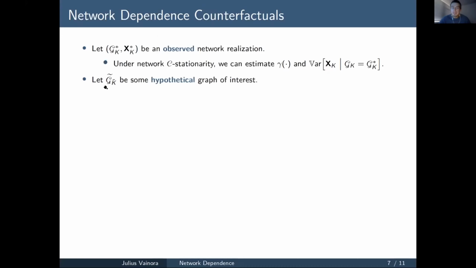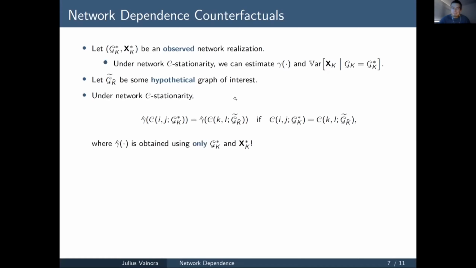Now let's take another graph, just a graph, not a network, G tilde, and let it be some hypothetical graph of interest which we choose. In many cases, it will be some slight change relative to G star. For instance, we add a single vertex, or remove a single vertex, or two or three. So some small change. This notation maybe is not the best, but let me explain it in words.